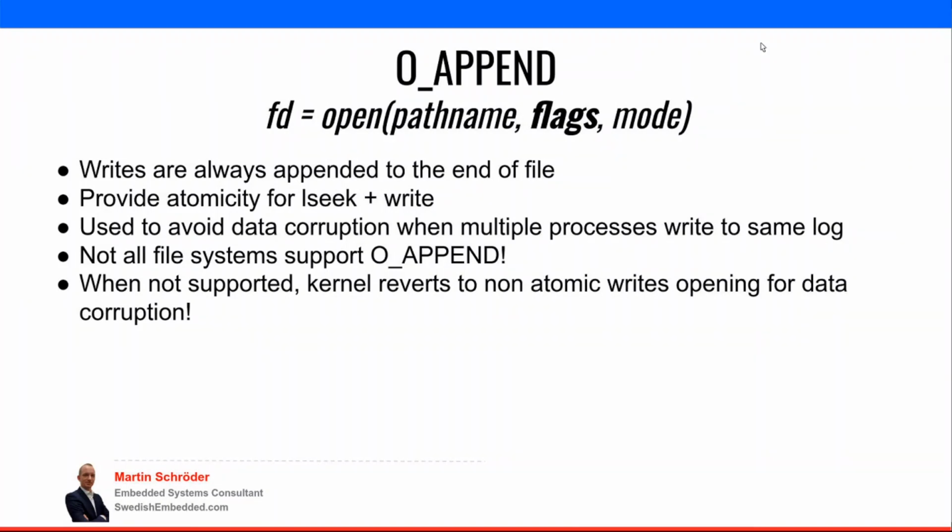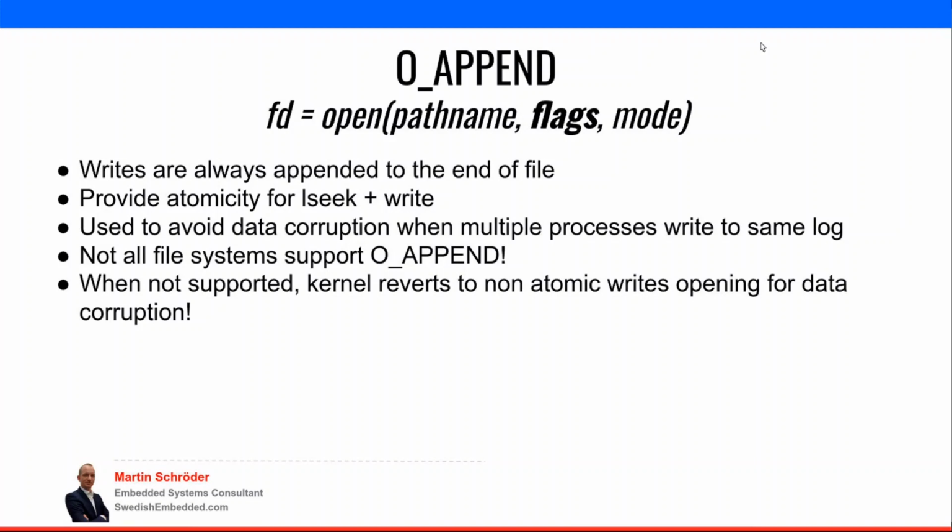So all Linux file systems support this, but it's important to look whether the file system supports this or not. For example, network NFS file systems don't support Append, and whenever you're going to use Append, just make sure that you know that the file system supports atomic writes to the file system.